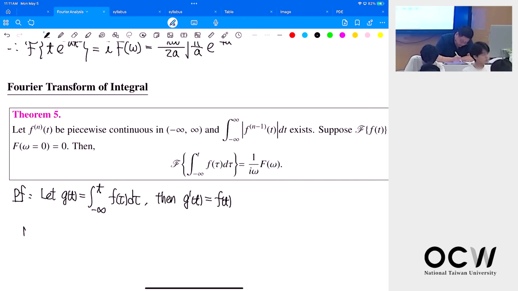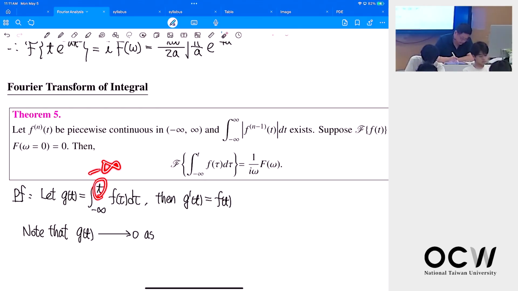And here, note that this function goes to 0 as t goes to minus infinity. That'll be 0.